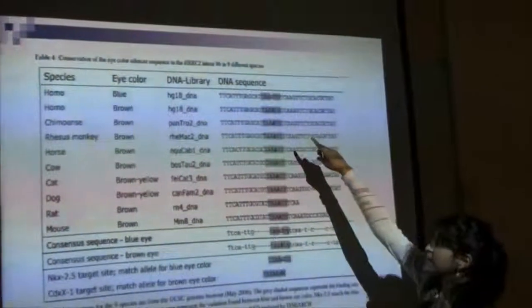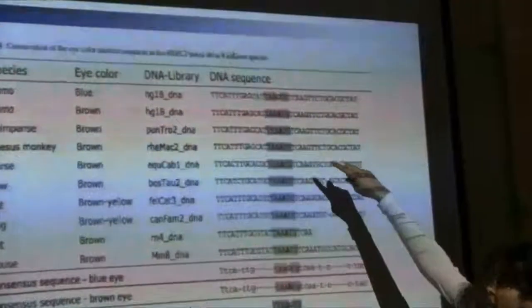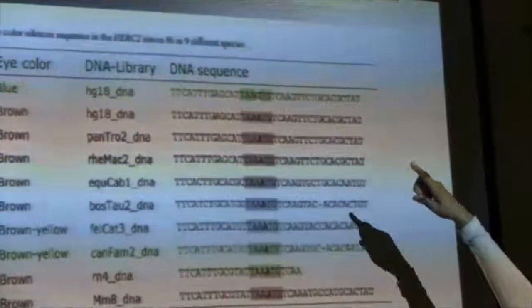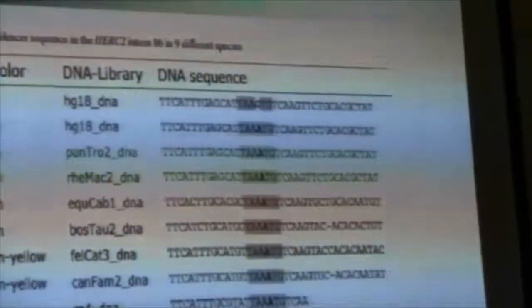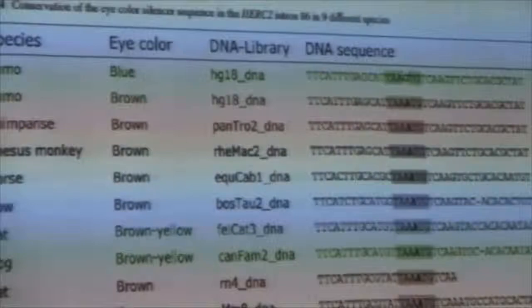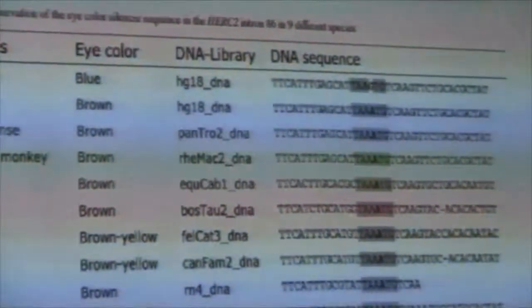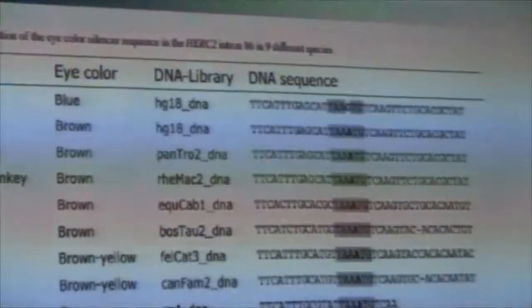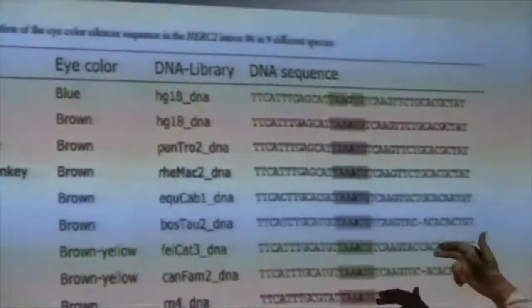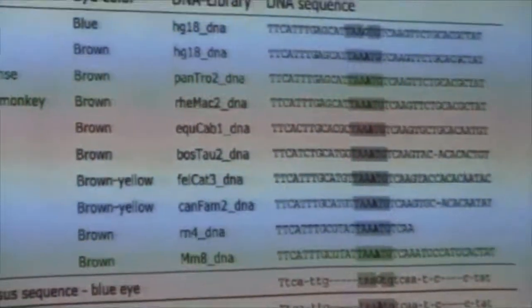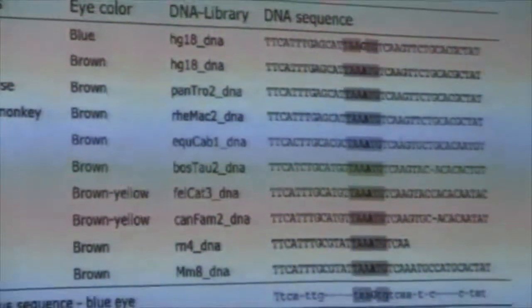As you can see here, it's TAAG rather than A, and then TG, which actually causes the blue eye color, this G. Other people who carry the brown eye color carry TAAA-TG. So people with blue eyes have a G in their DNA rather than an A. And as you can see, other organisms have A, not a G. That's why they have brown eye colors.